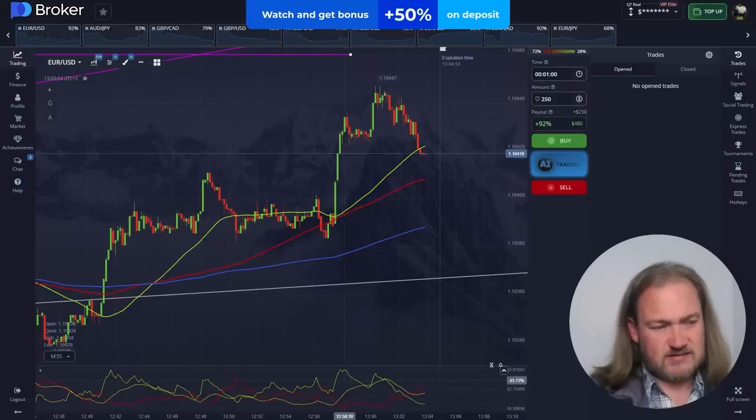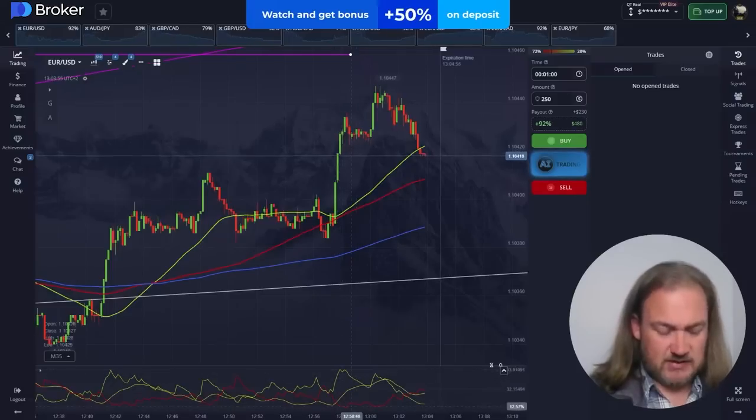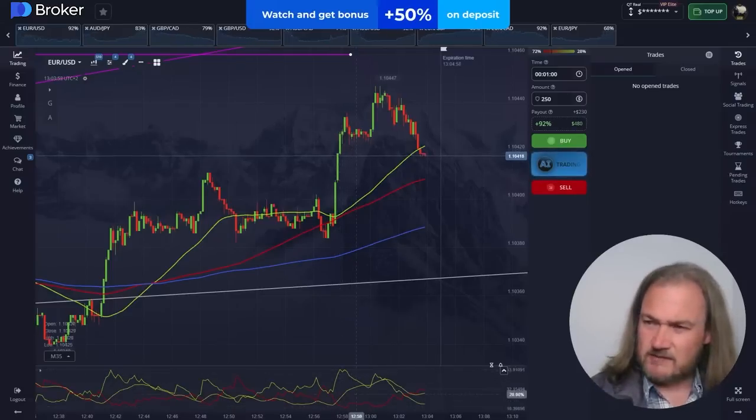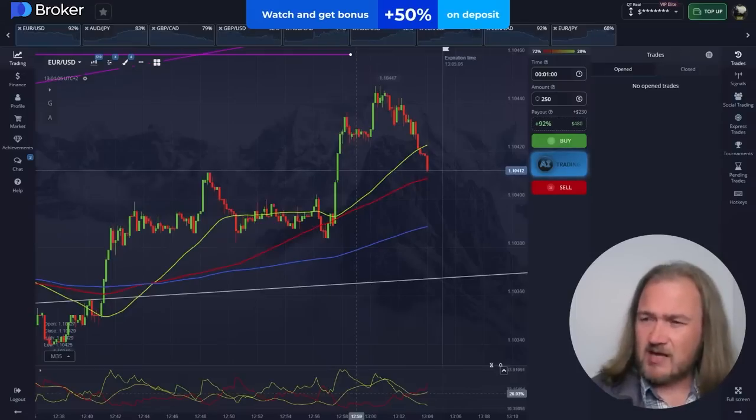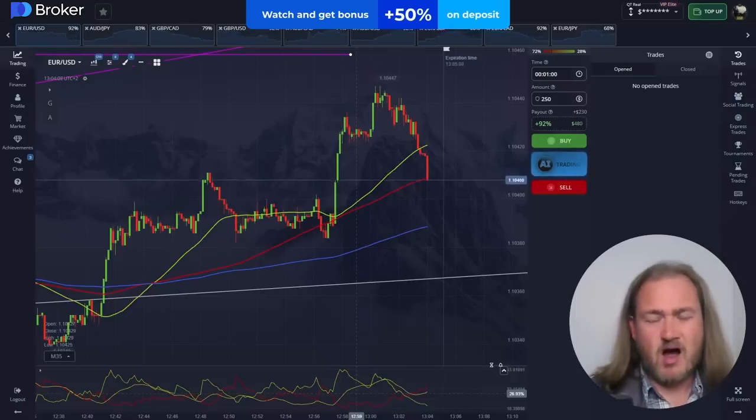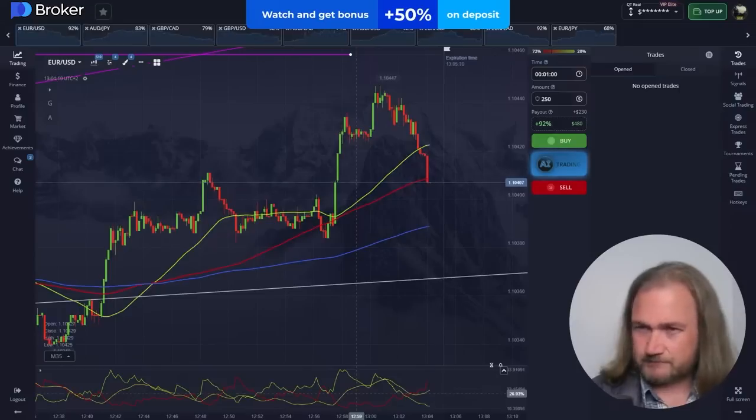The DI lines, the DI plus and DI minus lines, are calculated using an exponential moving average of the value DM. And DM would be the high of the previous candle.